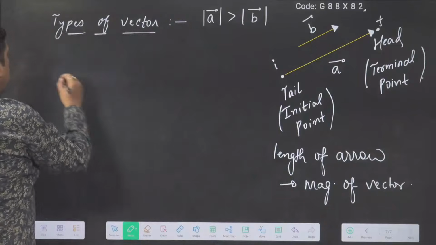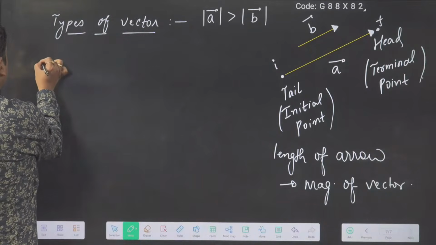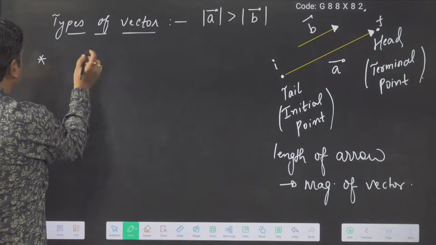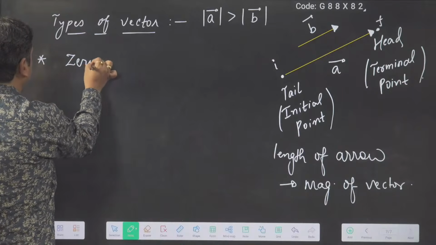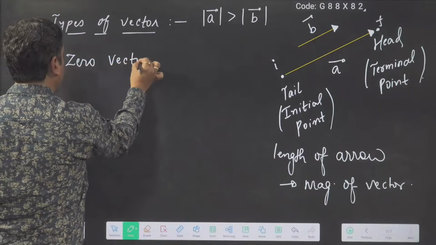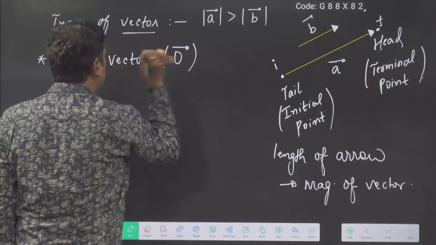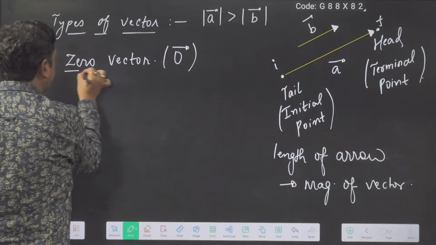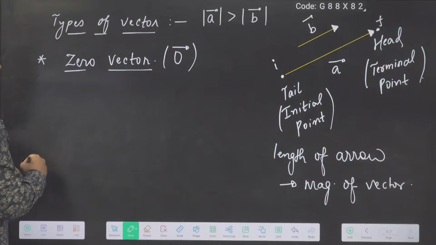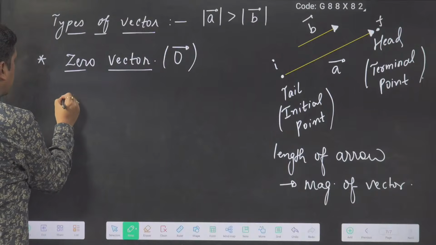Now, types of vector. The first one is the zero vector, represented by 0 with an arrow. Now, what is a zero vector? Simple thing, beta.